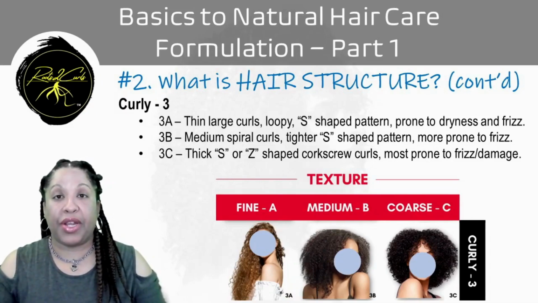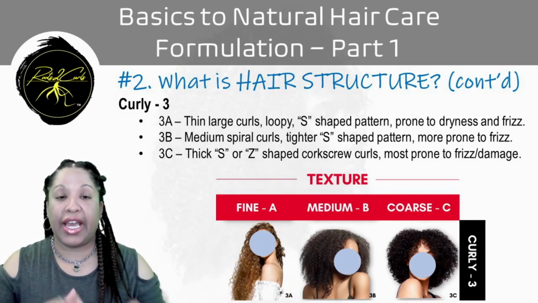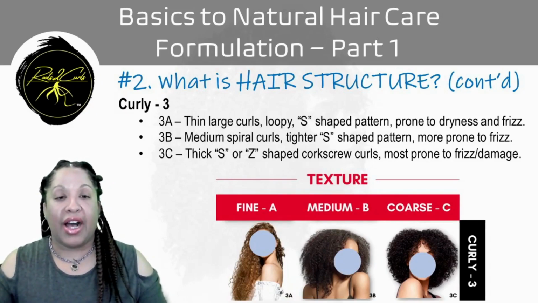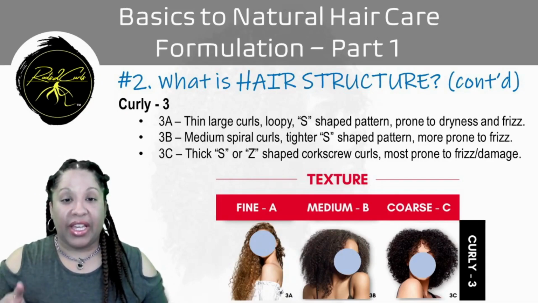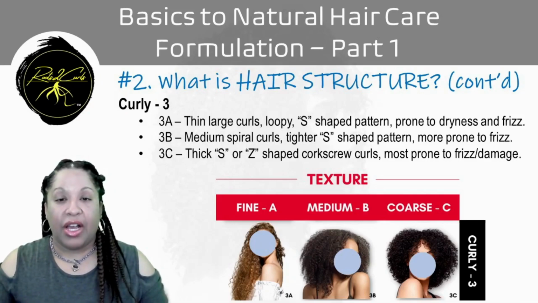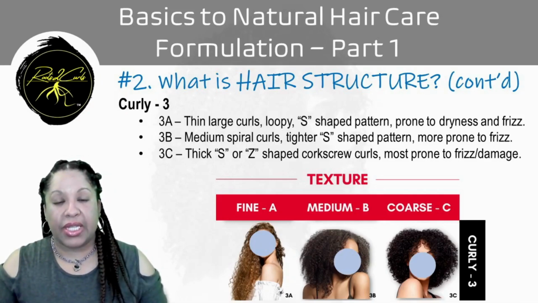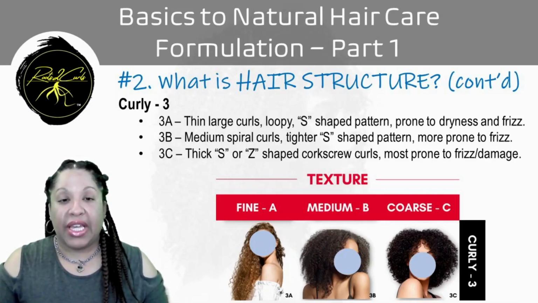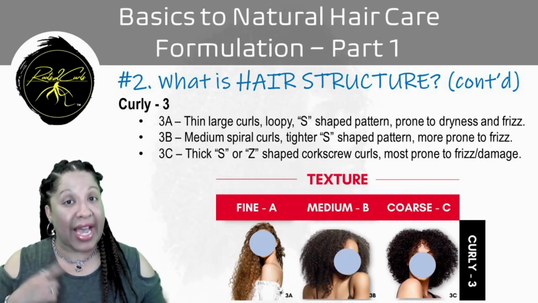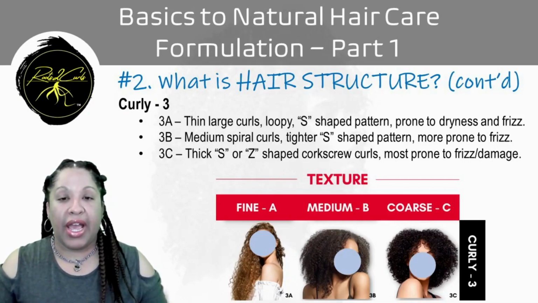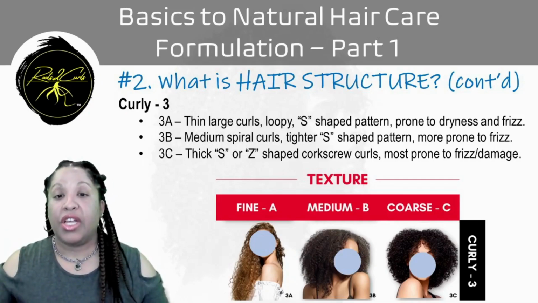All right, curly 3, ABC. So we have curly 3A, excuse me, is thin, large curls. They're loopy in an S-shaped pattern, prone to dryness and frizz. Curly 3B is medium spiral curls, which has a tighter S-shaped pattern, and they are, again, more prone to frizz.